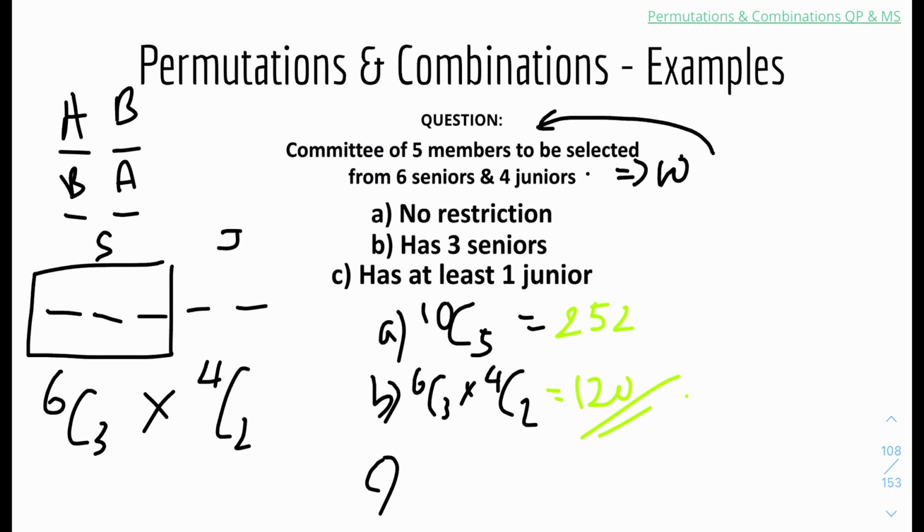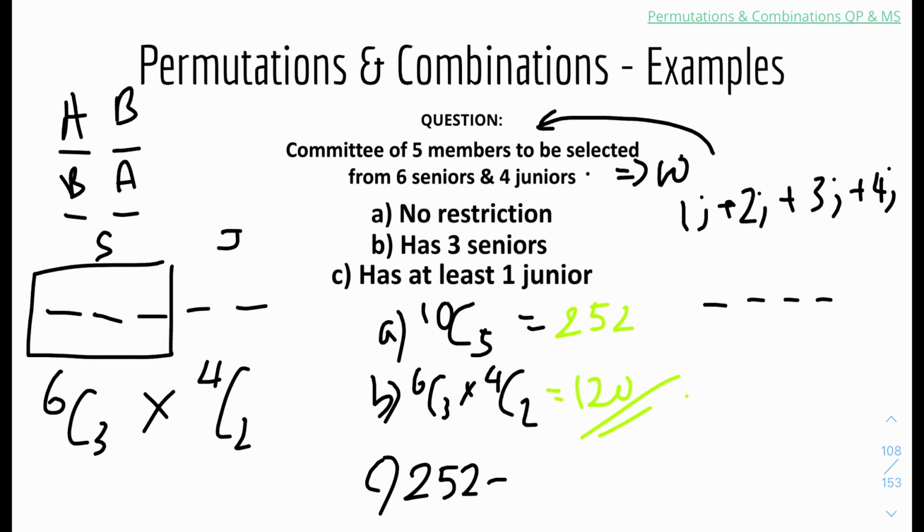And part C has at least 1 junior. You can do it the way where you have 1 junior plus 2 juniors plus 3 juniors plus 4 juniors. But in the other way, you can use the total number of combinations with no restriction, which is 252 from the start, minus when there's no junior. So let's find when there's no junior: 1, 2, 3, 4, 5.